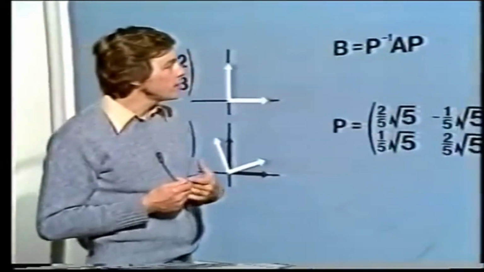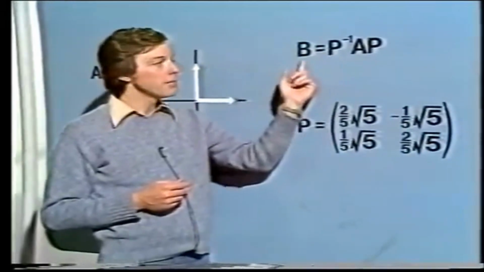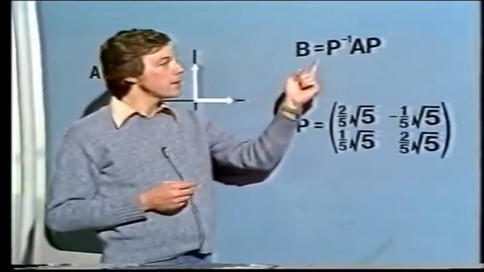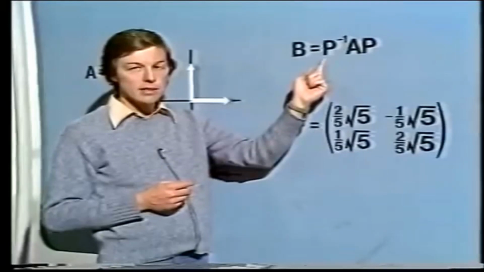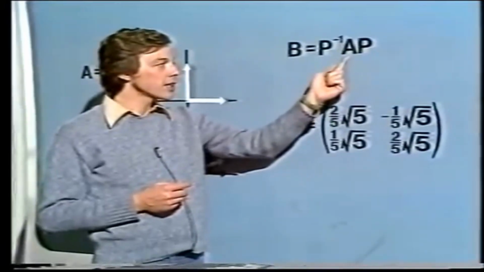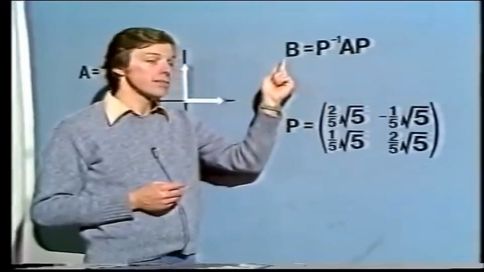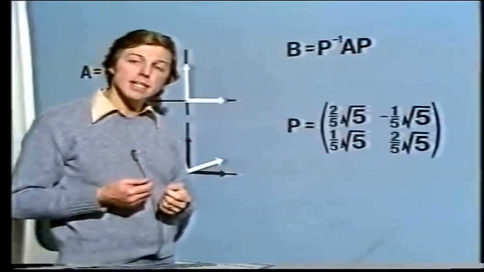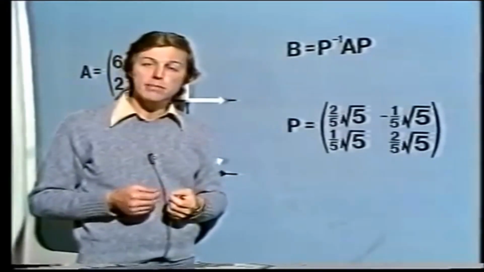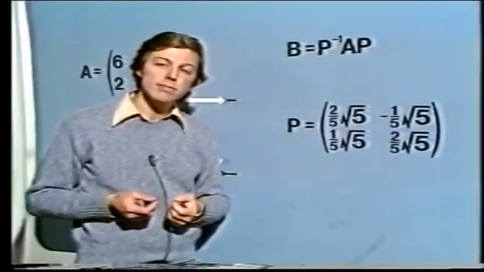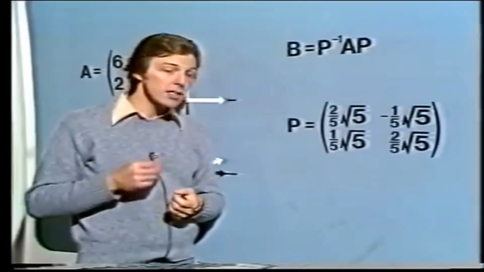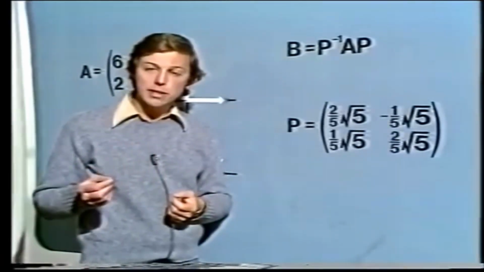If you've got two matrices, A and B, related by this formula for transition, where P is an orthogonal matrix, then if A is symmetric, it must be the case that B is symmetric. So in that sense, orthogonal matrices can be thought of as preserving symmetry. And that's going to be an important idea that we're going to need shortly.